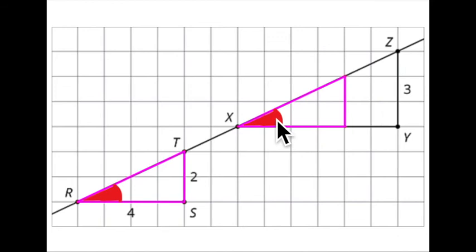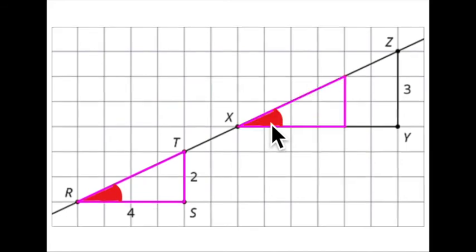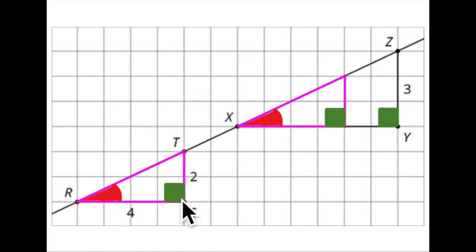So this angle is congruent with this angle. So these 2 triangles are similar. And remember that these are all 90-degree angles. So these triangles are similar. These 2 triangles, the pink triangles, are actually congruent. They're the same triangles.